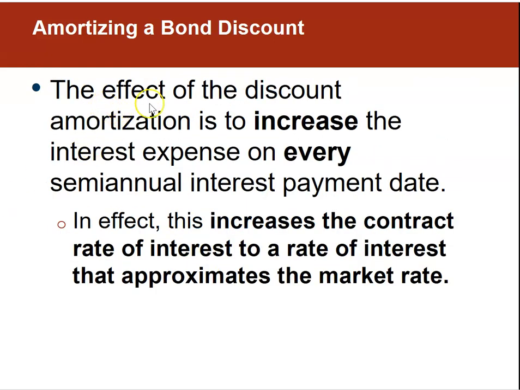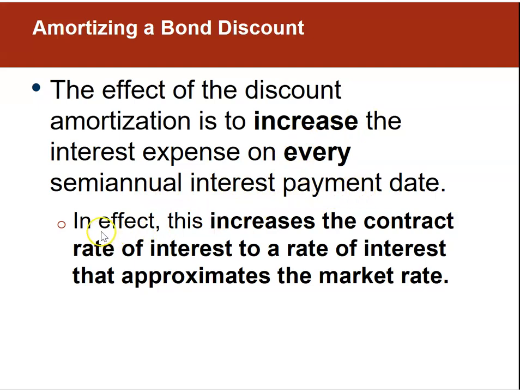It says here the effect of the discount amortization. What we're talking about right now is kind of a heady topic. It says the effect of amortizing the discount on the bond is to increase interest expense on every semi-annual interest payment date.